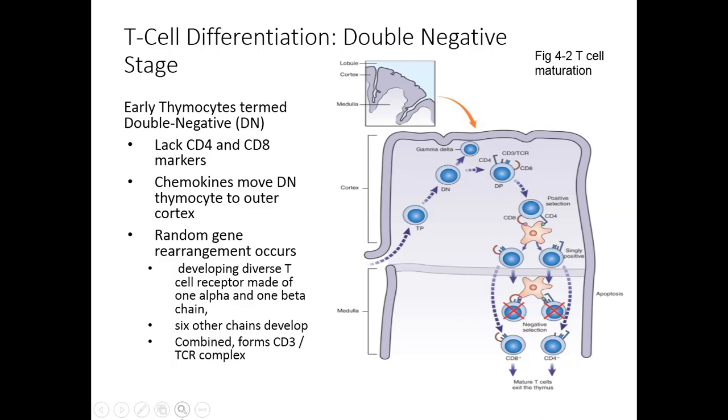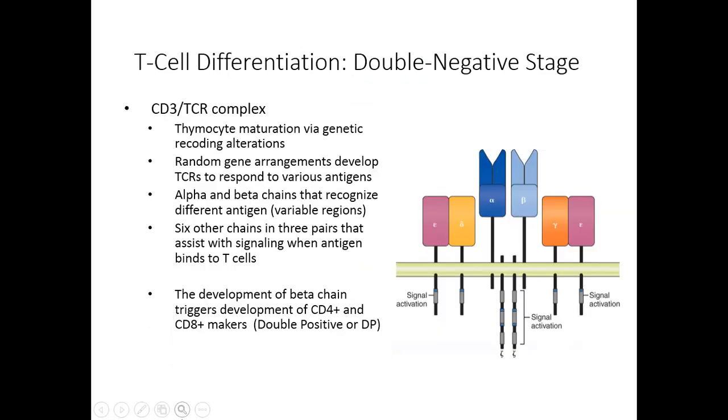So let's take a look at it, and I think this will make sense. As I said, we were doing that genetic rearrangement to create those diverse antigen binding sites on a T cell. And so here's the alpha chain and here's the beta chain.